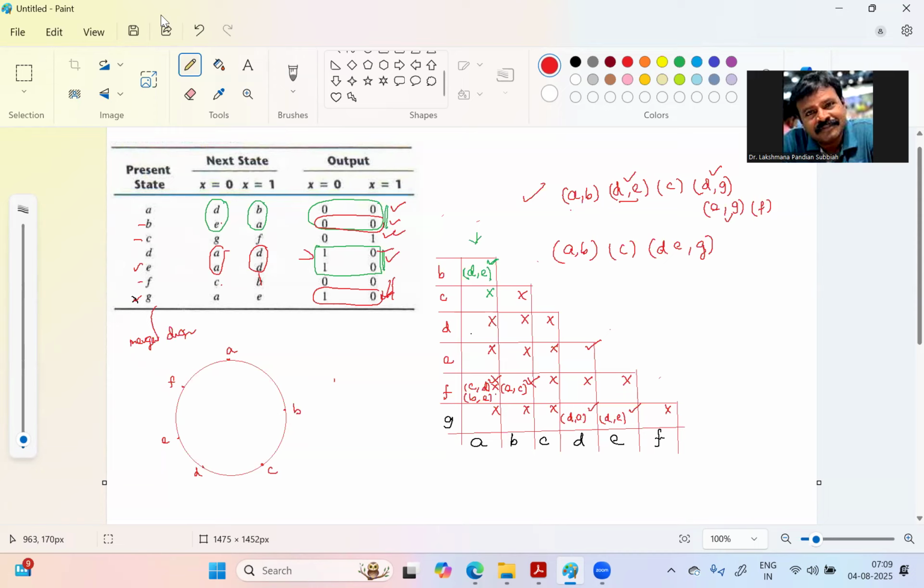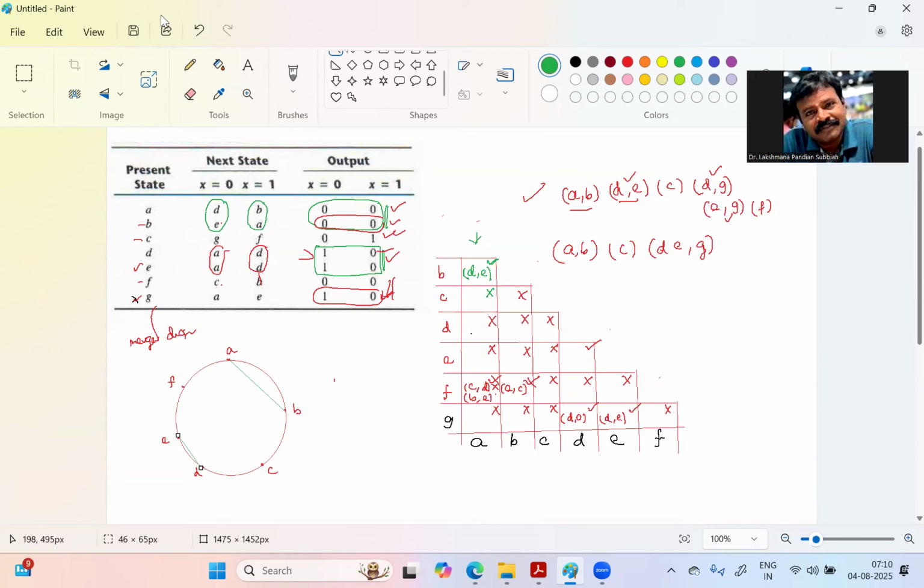In that merger diagram, what are the pairs? AB, so you draw a line between AB. Then DE, you have to draw a line. Then C has no line. Then DG, G is also there, right?